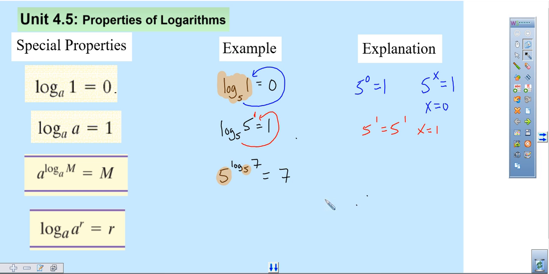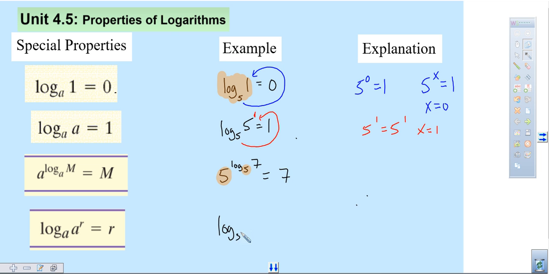We can do something similar by putting it into log form, but it's easier to just accept that this is the property: if your bases are the same, then your answer is your argument.